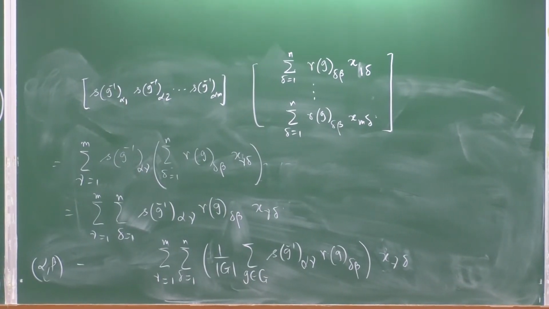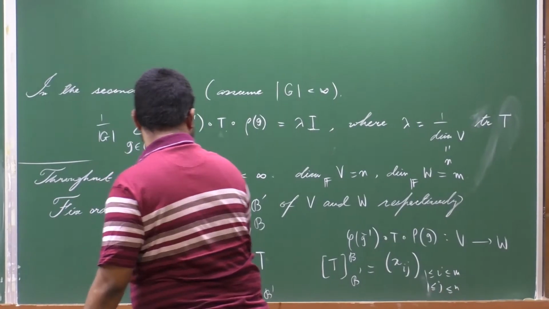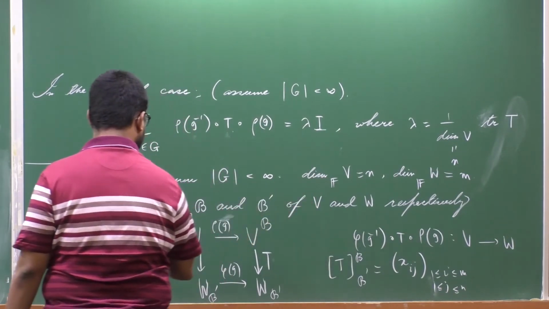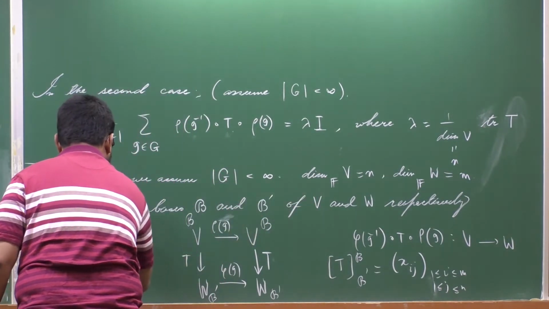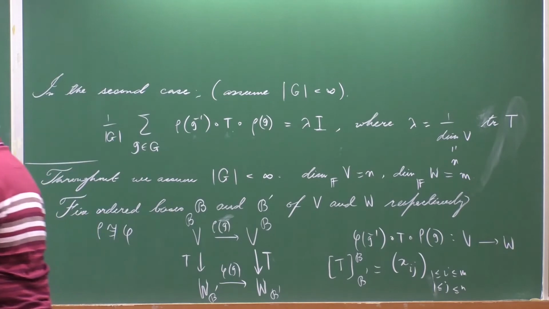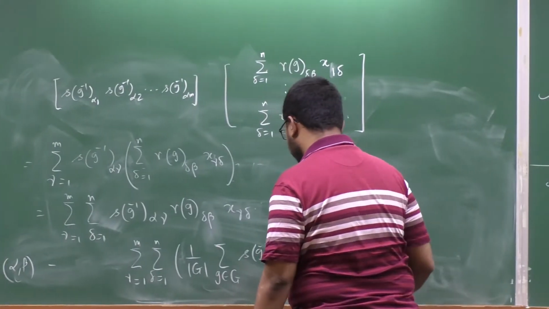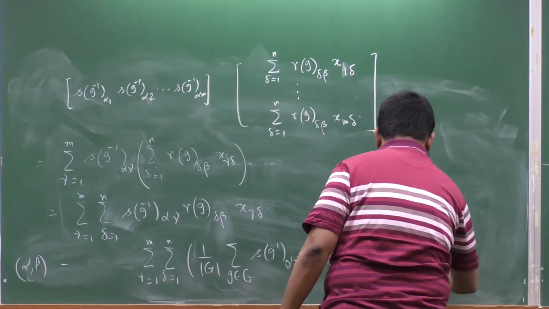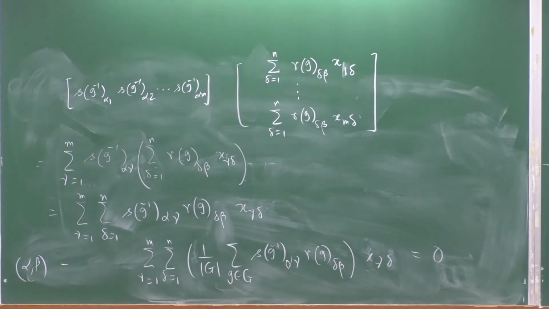And as we have assumed, we will now be working with the first case we are dealing with, that is, here the assumption is rho is not isomorphic to phi. So therefore for any alpha comma beta this quantity is going to be 0, right.